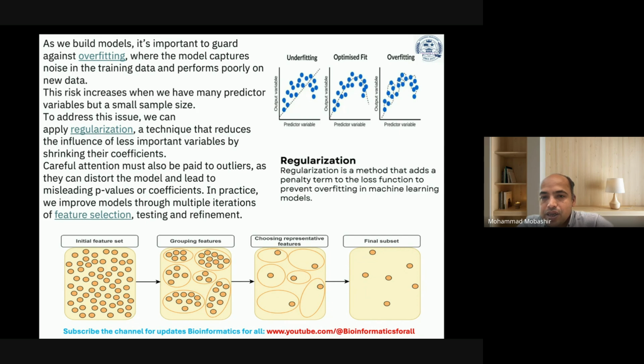Regularization is a method that adds a penalty term to the loss function to prevent overfitting in machine learning. For feature selection, you need to go for grouping, classification, sort out the over and underfitting issue, and finally go for the optimized fit, and the feature selection takes place, that is the final subset which you need to predict.